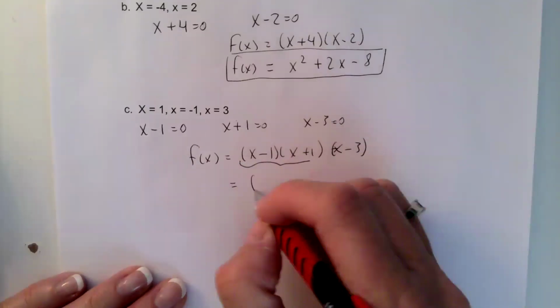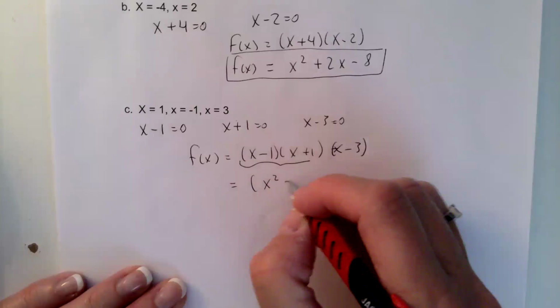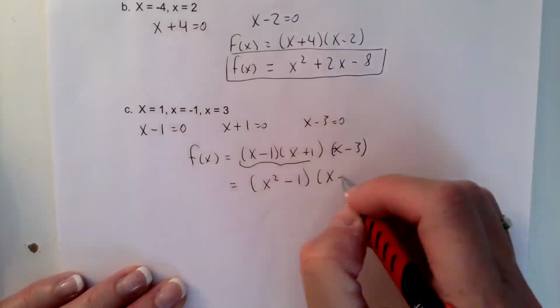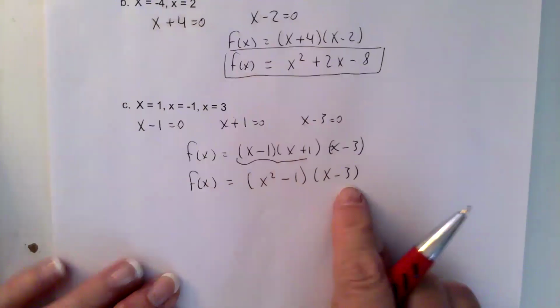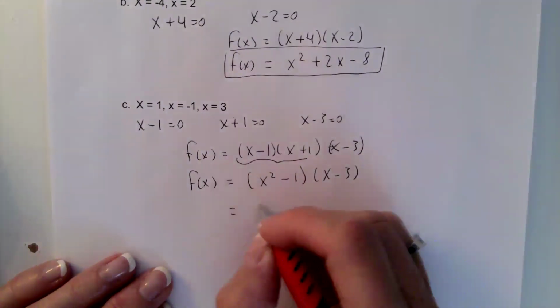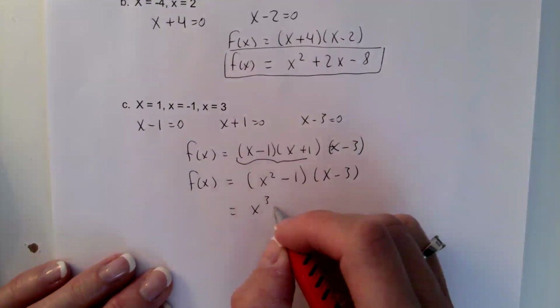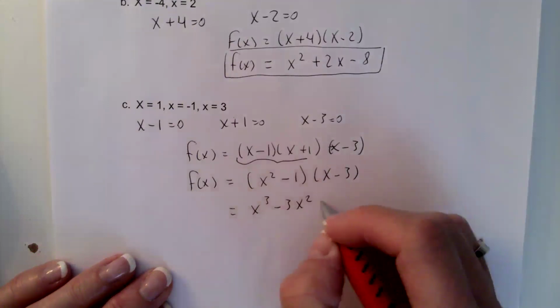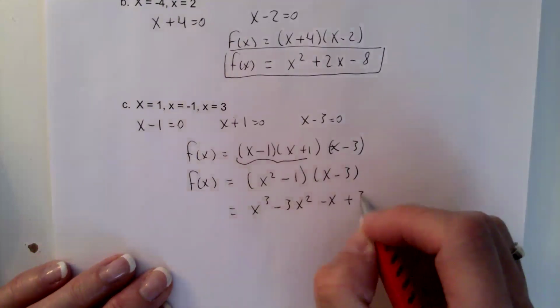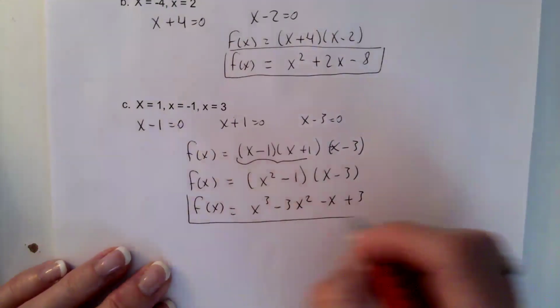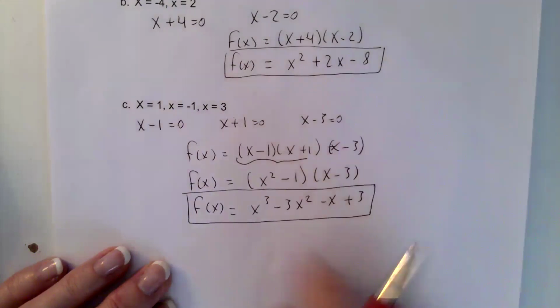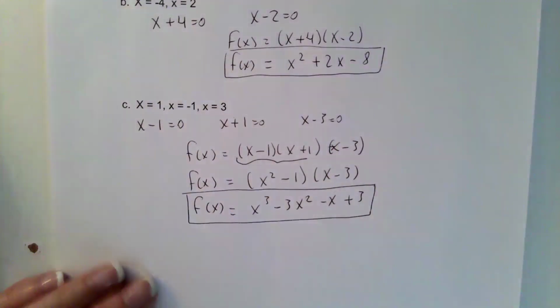Those are going to create an x squared minus 1. And then we're going to multiply that by x minus 3. So we'll have x cubed minus 3x squared minus x plus 3 as our possible function.